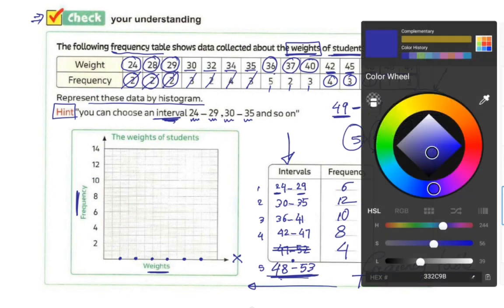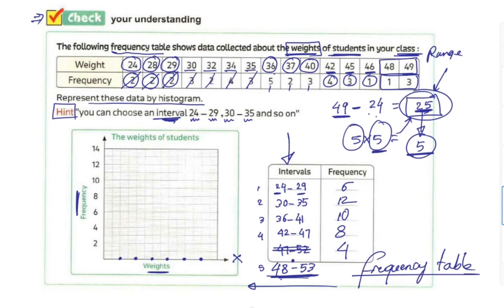Now just draw your rectangles. Go to the first interval, from 24 to 29. Write it here. Next one from 30 to 35. Third one 36 to 41. Next one 42 to 47.